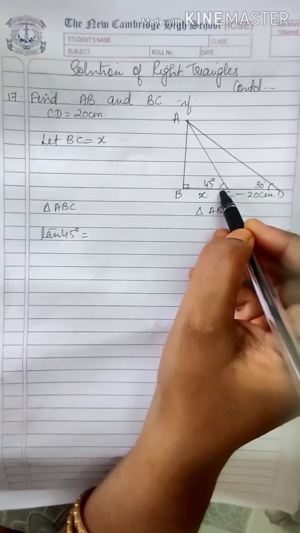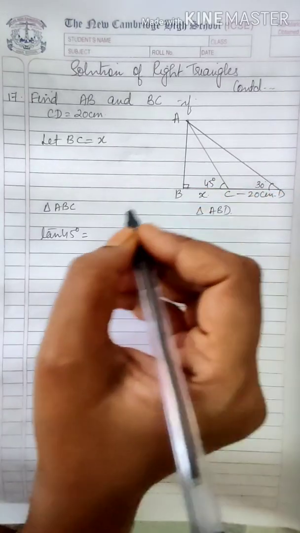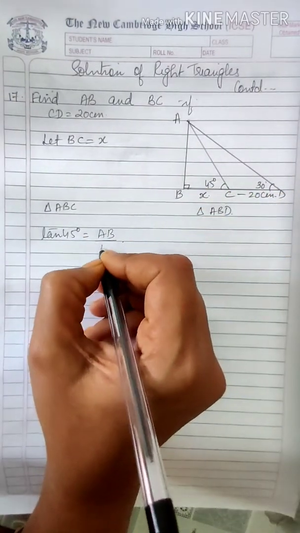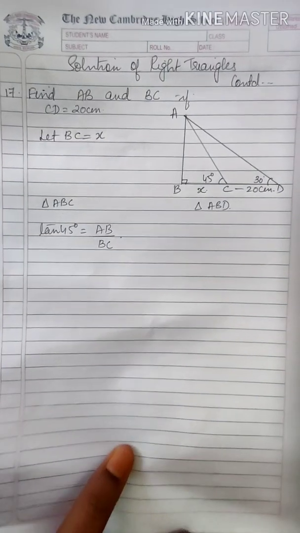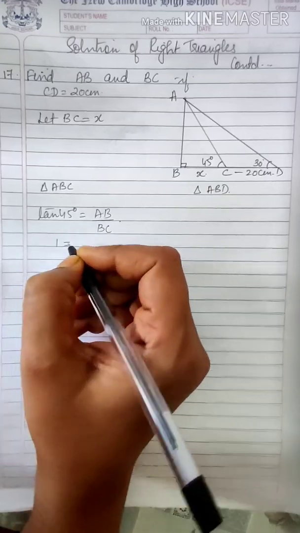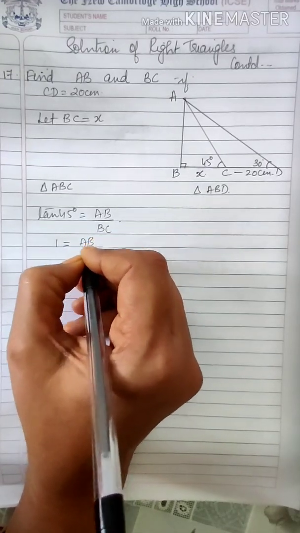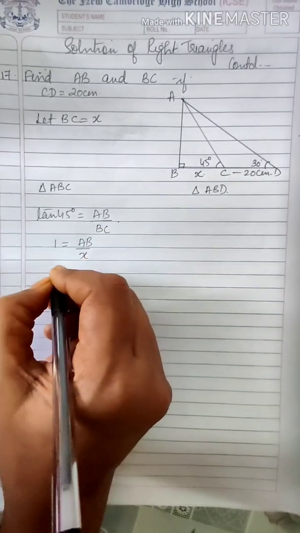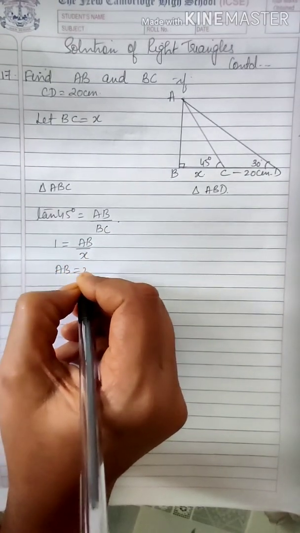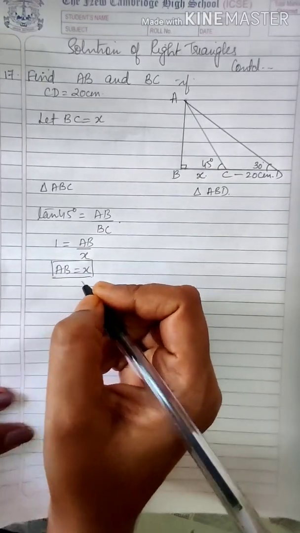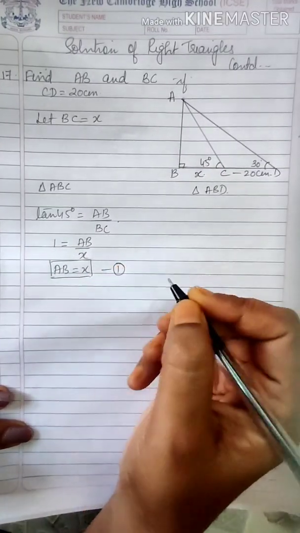With reference to this angle 45, your perpendicular is AB and your base is BC. So tan 45 is equal to 1, and let AB be AB itself and take BC as X. So you get AB is equal to X. So you get the first equation, equation 1.